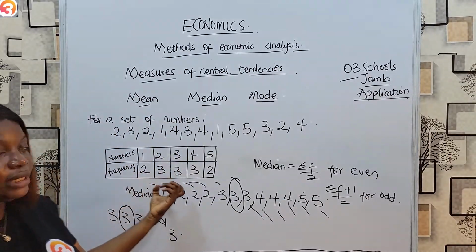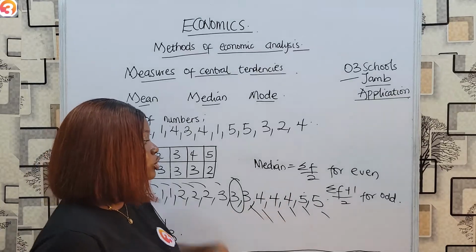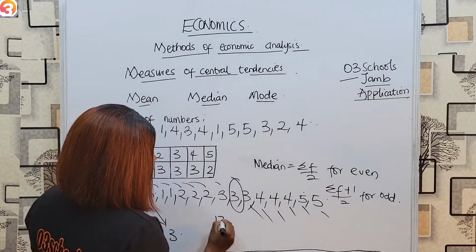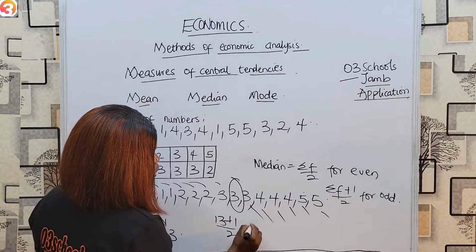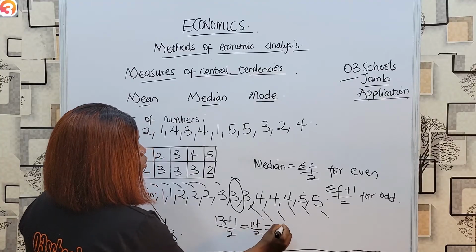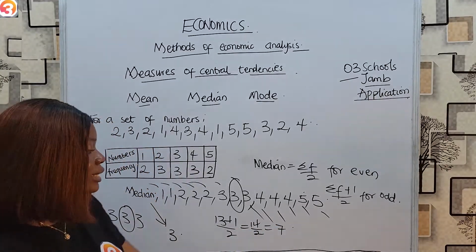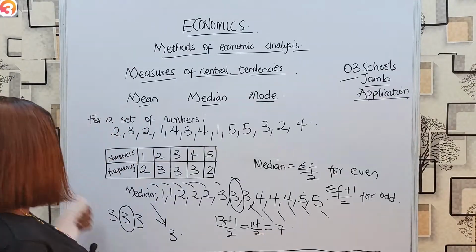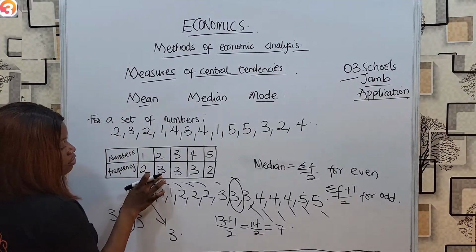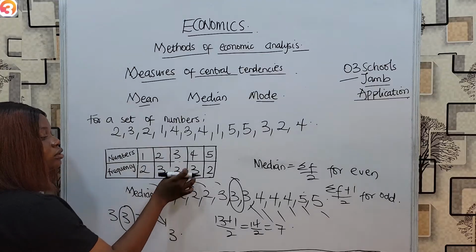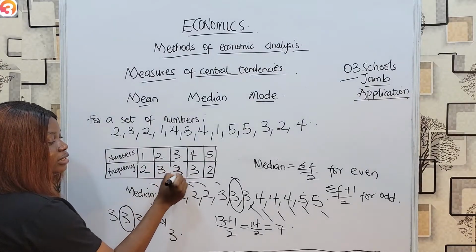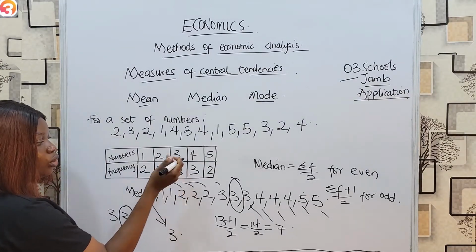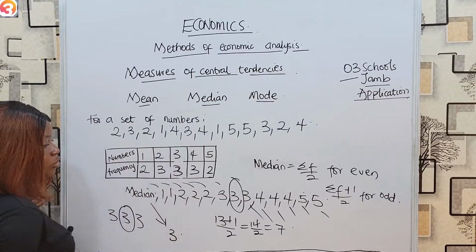Our total here is 13, so it is an odd number. So summation f plus 1, which is 13 plus 1 over 2, is equal to 14 over 2, which is 7. So just know that the number at the 7th position is the median. 2 plus 3 is 5, 5 plus 3 is 8, so the 7th position is definitely inside here. So the median is equal to 3.